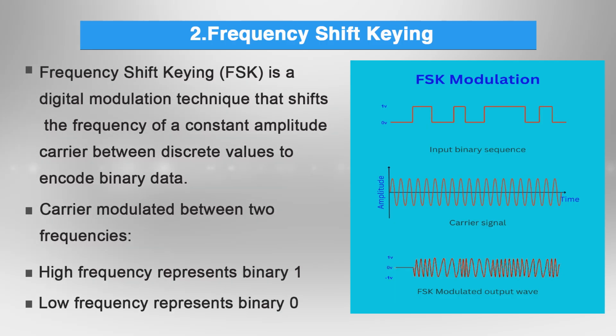Again, it's high frequency and low frequency. High frequency is represented by binary 1 and low frequency represents binary 0. Frequency shifts encode binary message signals. Demodulation detects frequency levels to recover the digital messages.